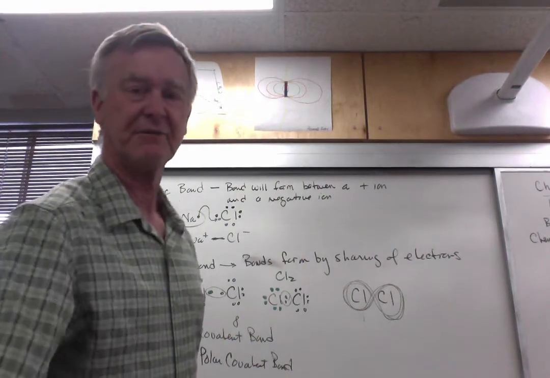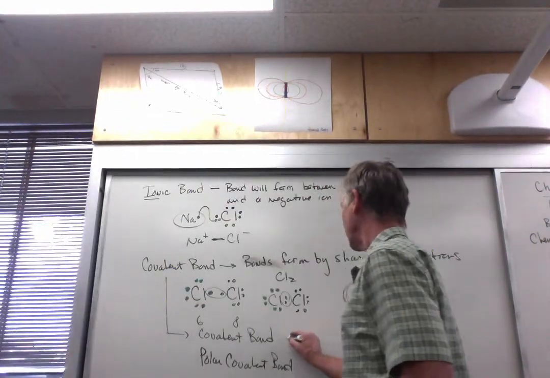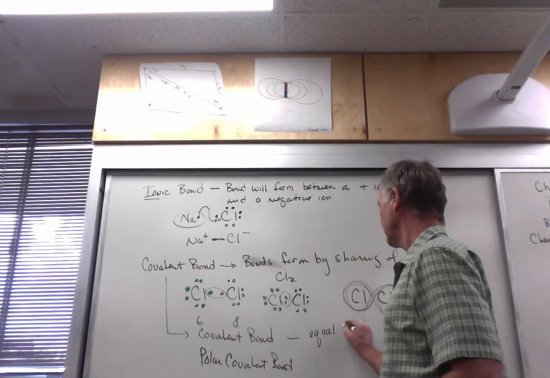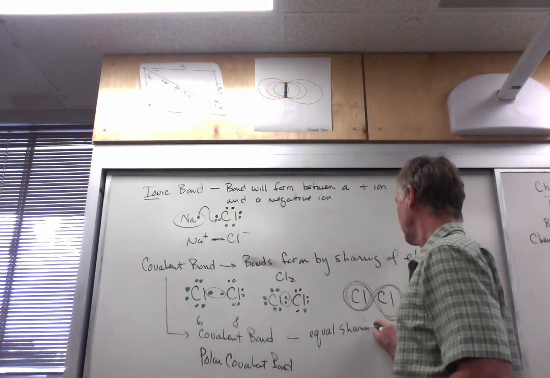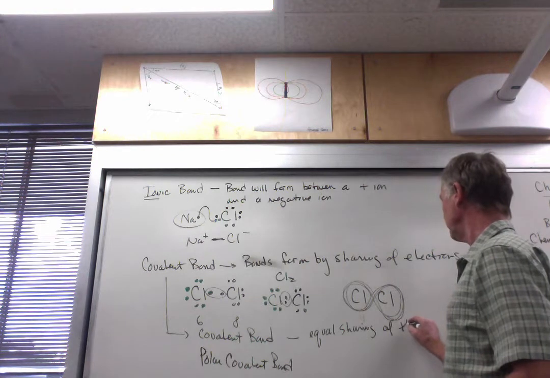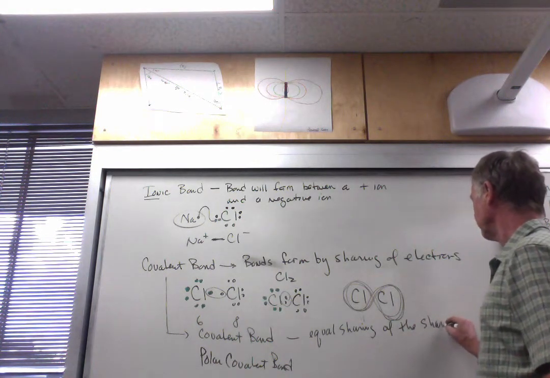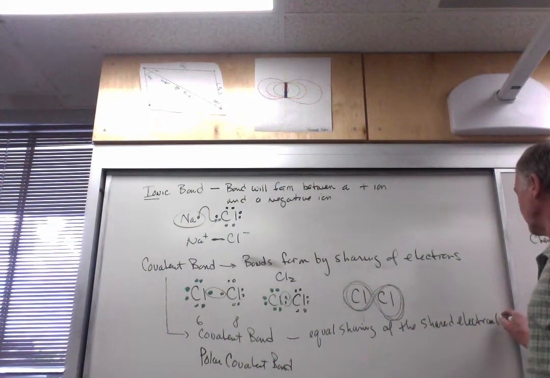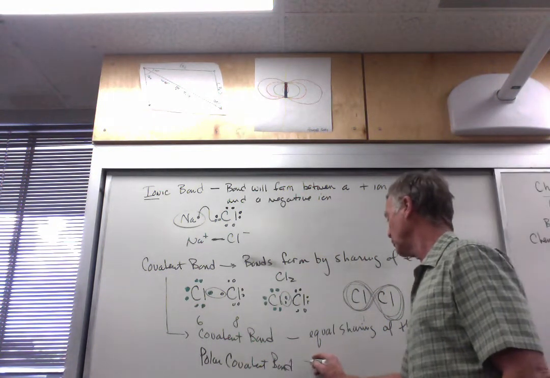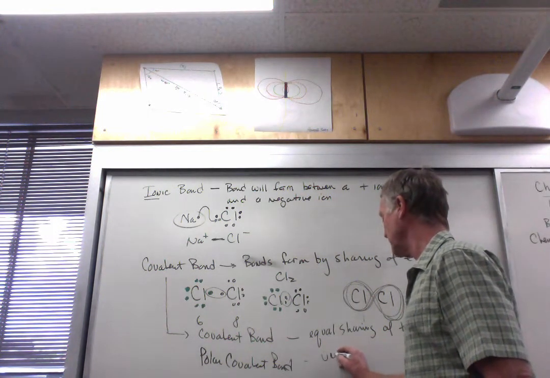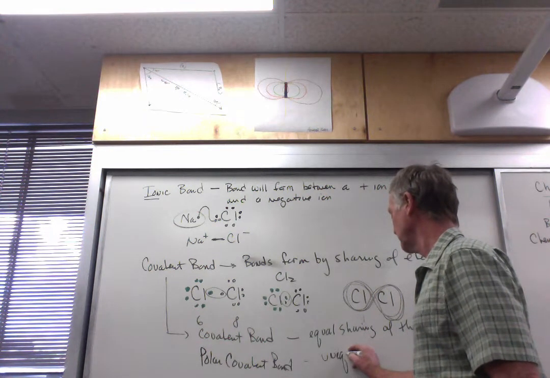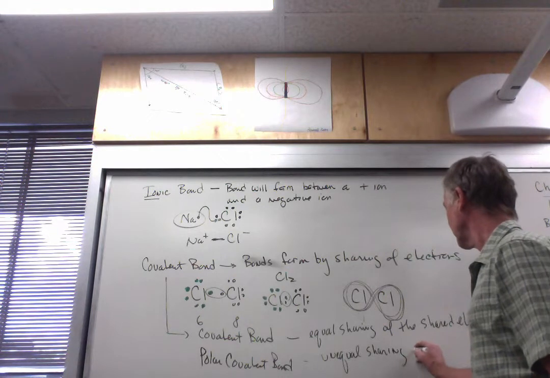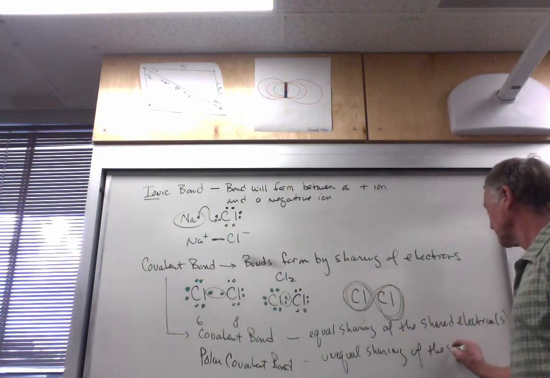And here is the difference. It's actually really simple. On a covalent bond, we have equal sharing of the shared electron, or it could be more than one electron or electrons. On polar covalent, we have unequal sharing of the shared electrons.